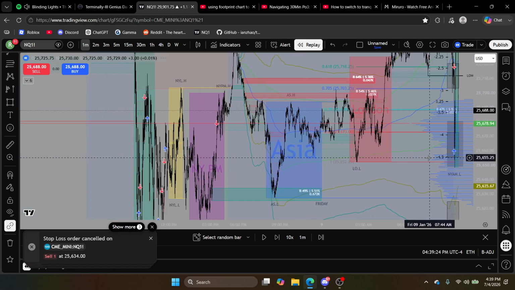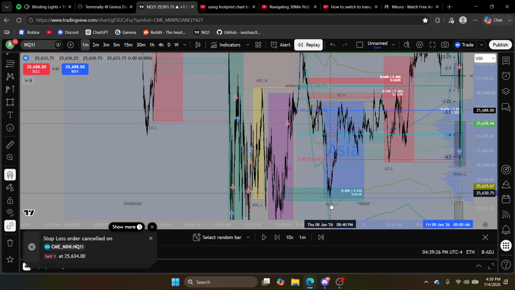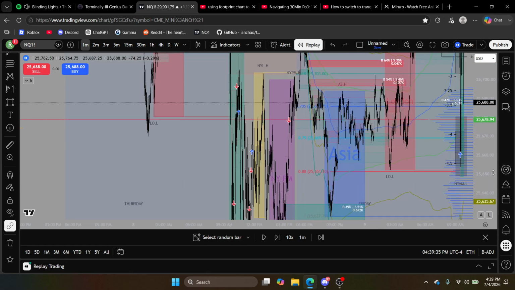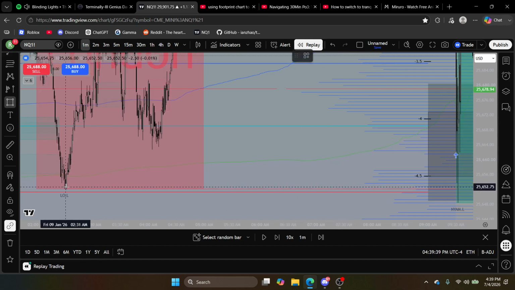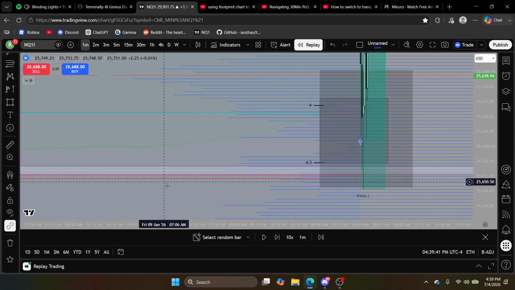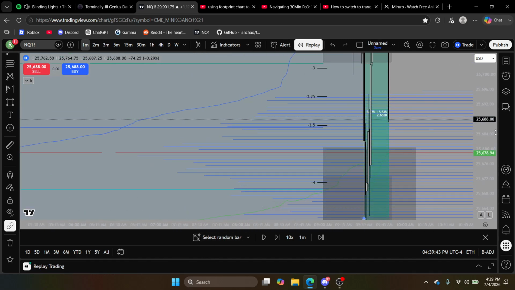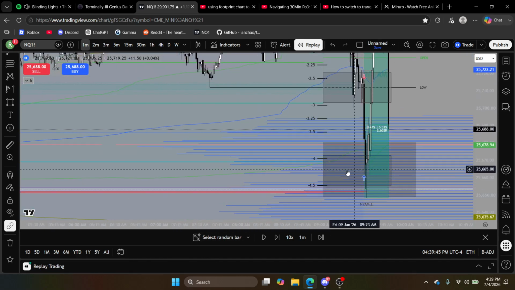How could we have caught this trade? Let's say the fib went to Asia low. Bro. There we go. We have 0.88. We have 0.45. We have this order block right here next to it. What else? Slight low value node right above it.